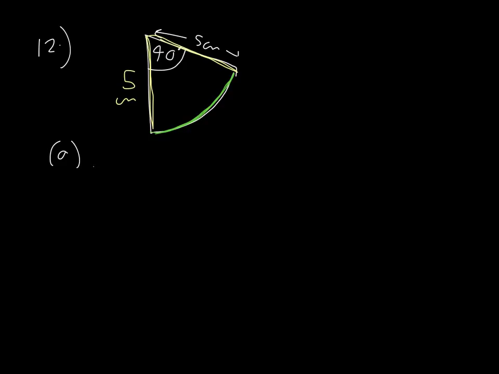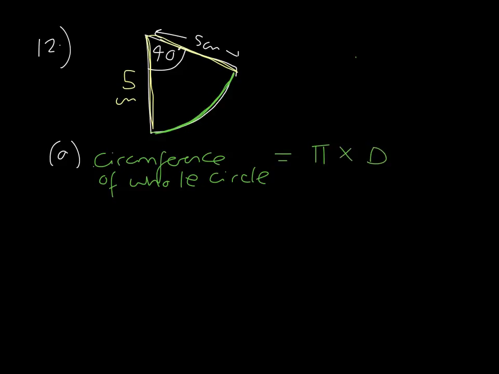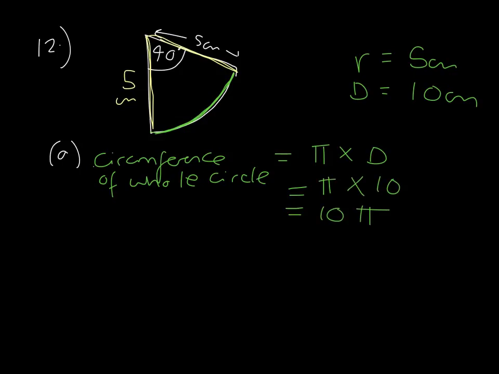So, if we remember that the circumference of the whole circle from which this sector has been taken would be pi multiplied by the diameter. The radius is 5 centimetres, so the diameter would be 10 centimetres. So the circumference of the whole circle is pi multiplied by 10, or 10 pi, leaving this in terms of pi. Then we can work out the arc length for 1 degree.